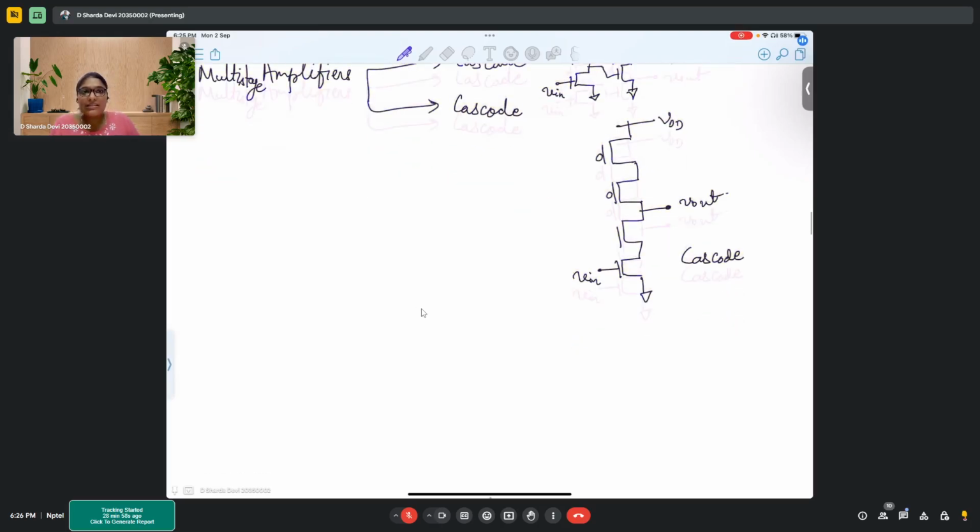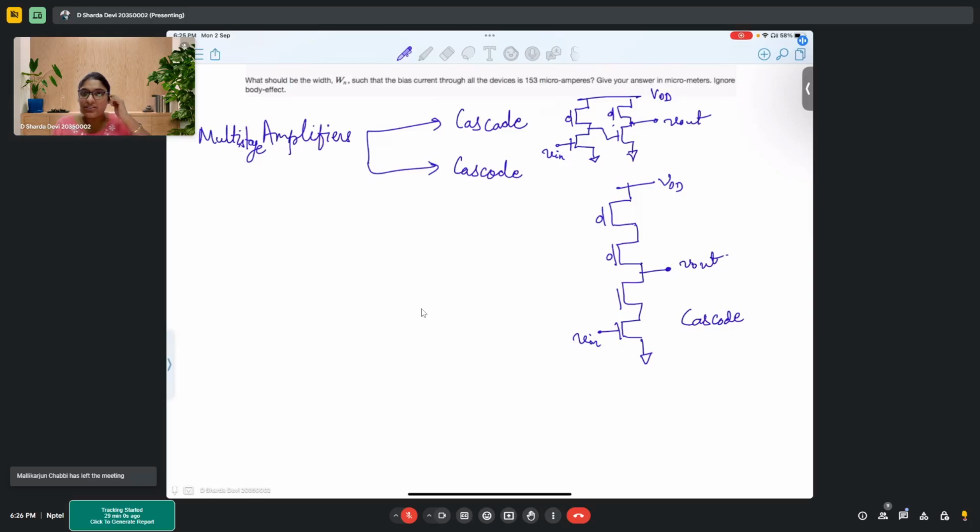In both the cases, you will get amplification, but there are advantages and disadvantages accompanied with both of these. So we will discuss this in the coming sessions. But for now, just understand that these are multi-stage amplifiers.